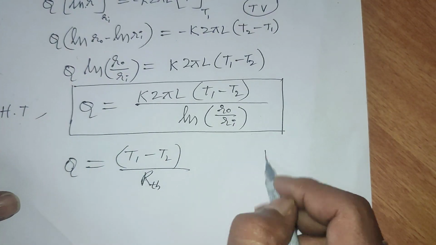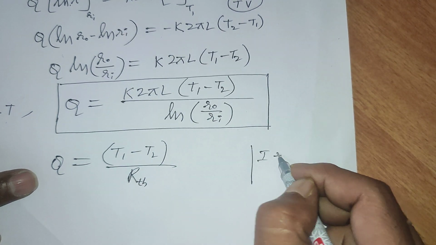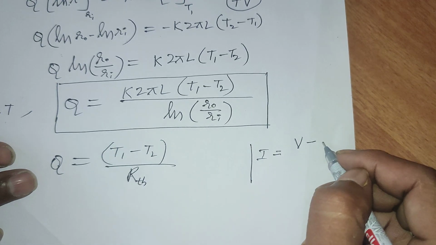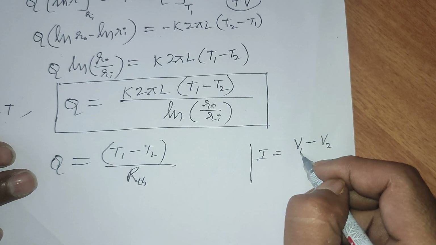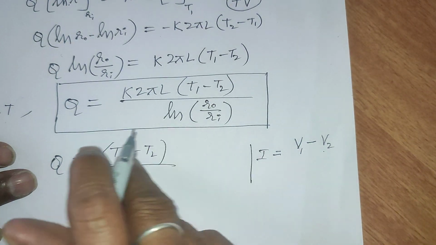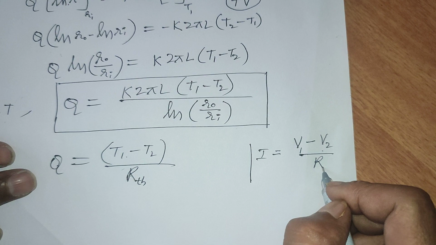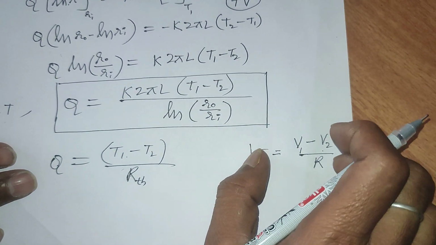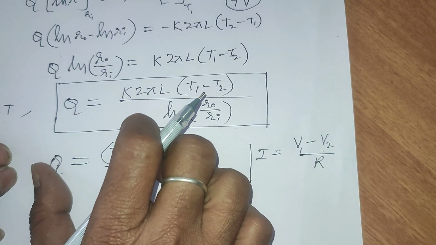It is analogous to electrical current in electricity: heat is analogous to current, the potential difference here is the temperature difference, divided by thermal resistance. So both are analogs. That's why the same network concepts will be applicable for heat transfer also.